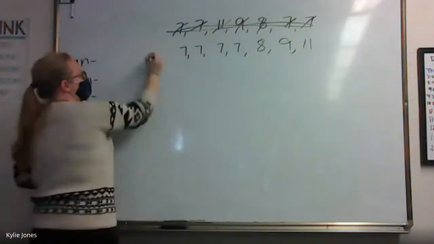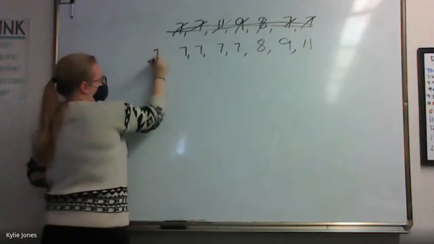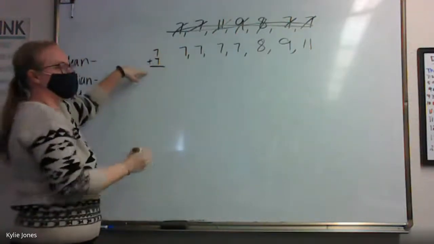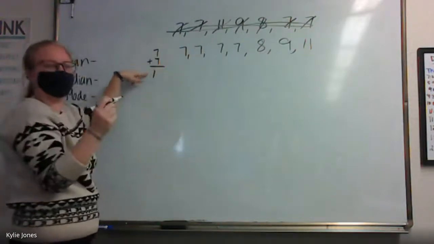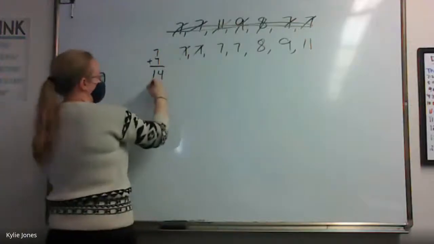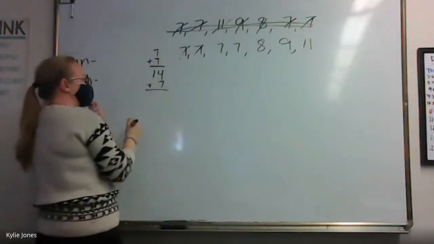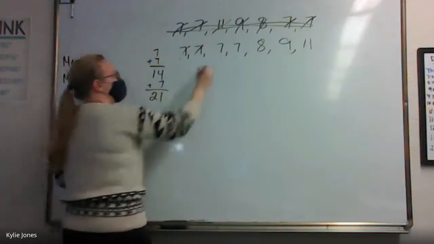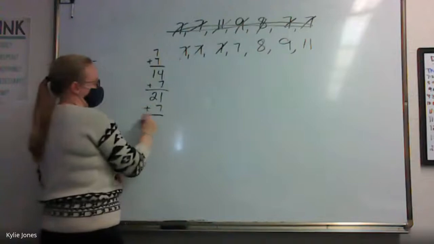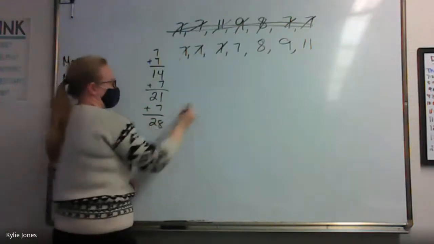So we got 7 plus 7. I'm just gonna make like a long line. What's 7 plus 7? 14. Then we got another 7. 14 plus 7 is 21. Plus another 7 is 28.